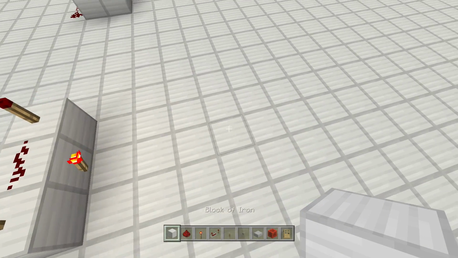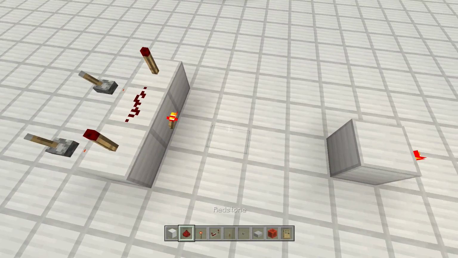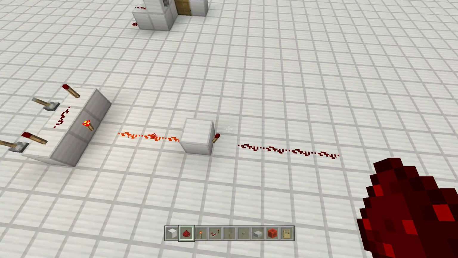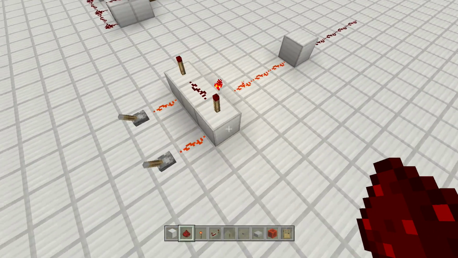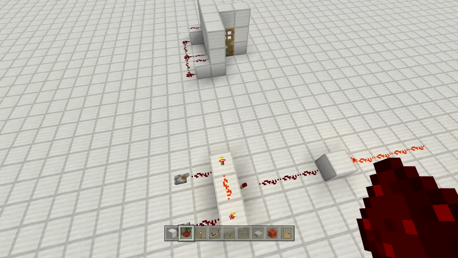So you make your output an inverter and you just connect it to that. So now we have the part that if both are on, it's going to be off. And if both are off, well, right now it's on.